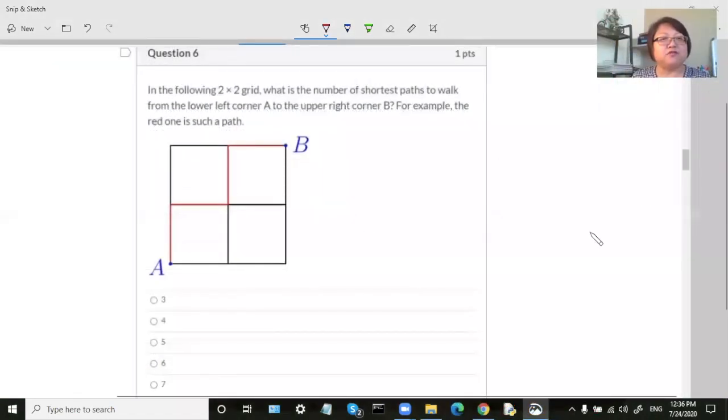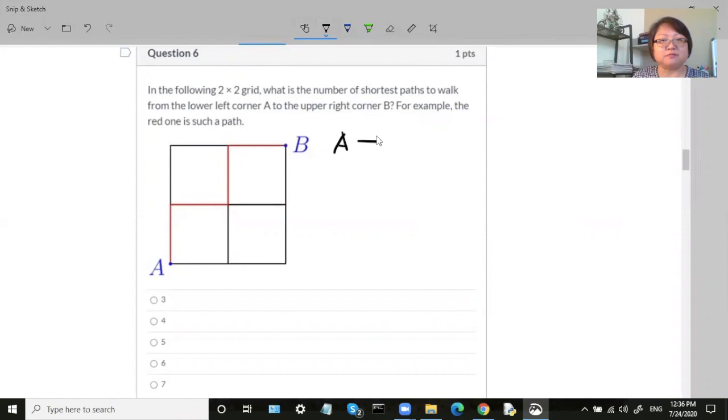Problem 6. In the following 2 times 2 grid, what is the number of shortest paths to walk from the lower left corner A to the upper right corner B? Okay, so we need to walk from A to B, and we need to find out how many possible shortest paths there are. Looking at this 2 times 2 grid, we need at least 4 steps, right?